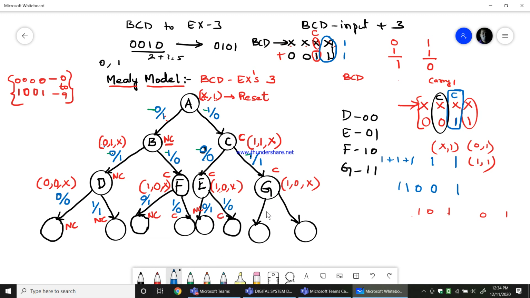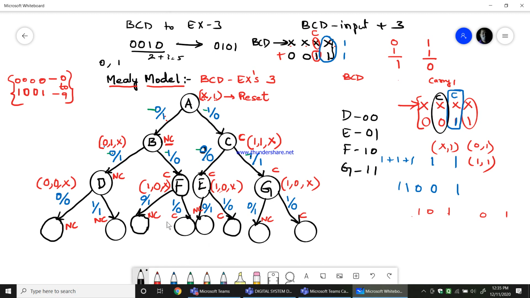Similarly here, 1 plus 0 plus 0, if the input is 0, output is 1, so no carry, whereas if the input is 1, I will get output 0 and you get a carry. So this would be the condition we got.